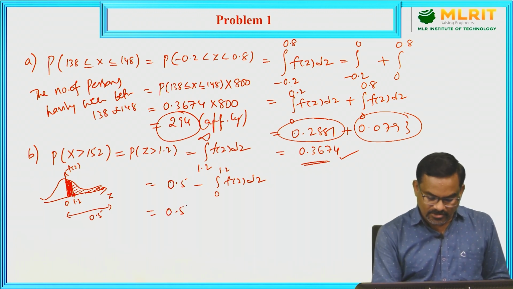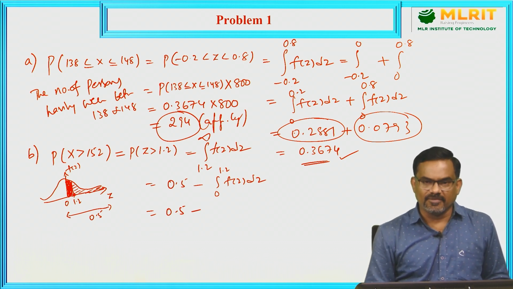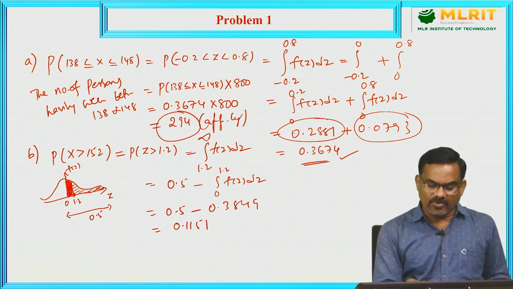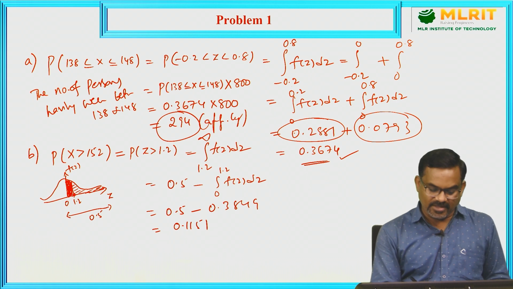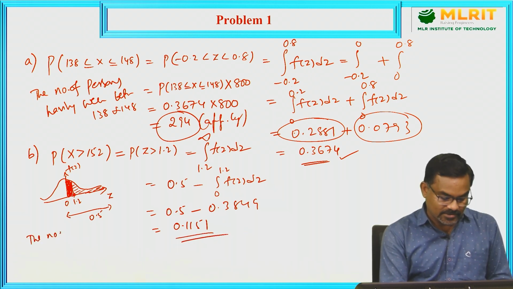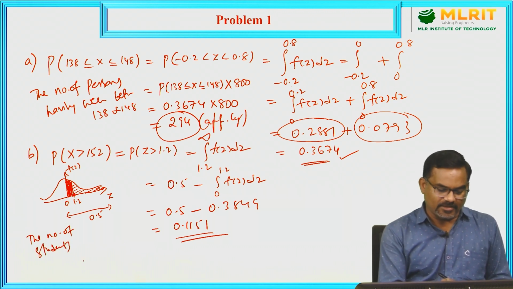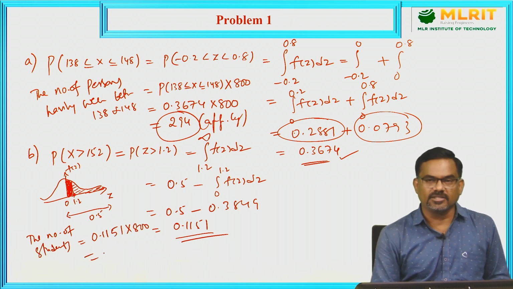From the normal distribution table, the value from 0 to 1.2 is given by 0.3849, and 0.5 minus this is 0.1151. Hence, the number of students who have weight greater than 152 pounds is given by 0.1151 multiplied by 800, because 800 is the total number of students.